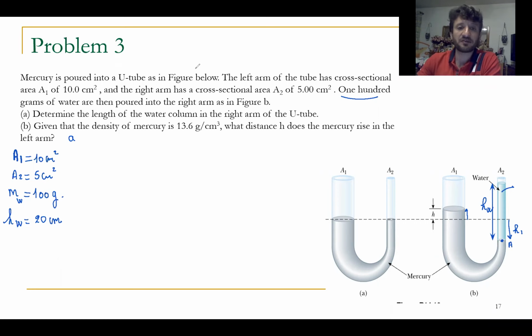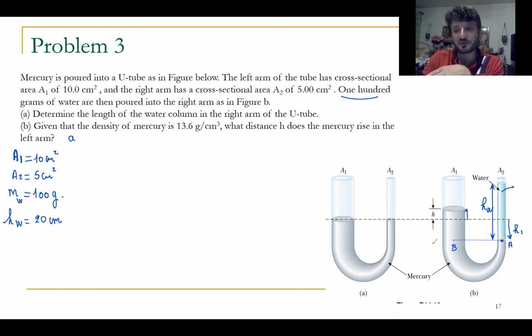And at the same level, we can draw point B. Anytime you have a hydrostatic fluid, you can choose 2 points. If you have a U-tube or any kind of this configuration, you have to take 2 points to compare PA and PB, and for each point you can take another point.